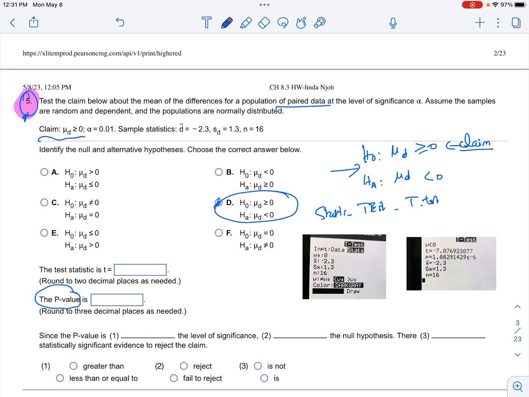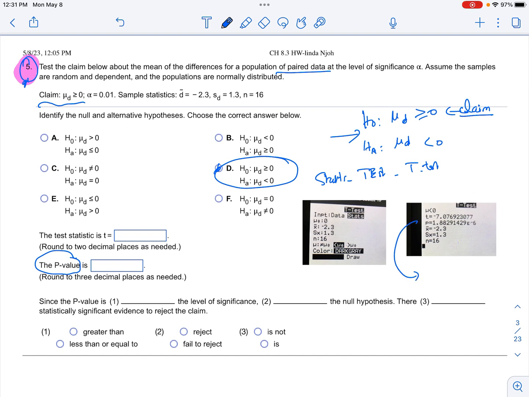So when it looks like this, it means that this is 0.000, about 5 zeros before you even get to 1. So it's almost 0.